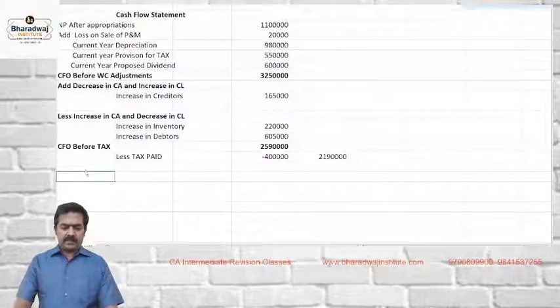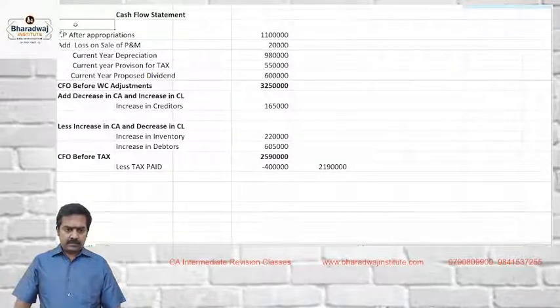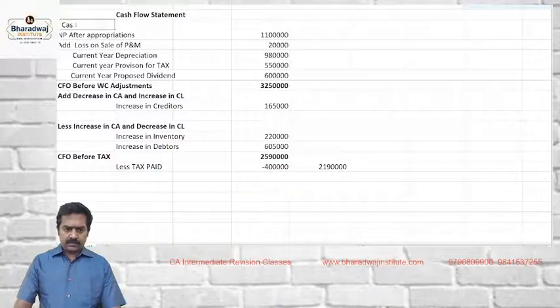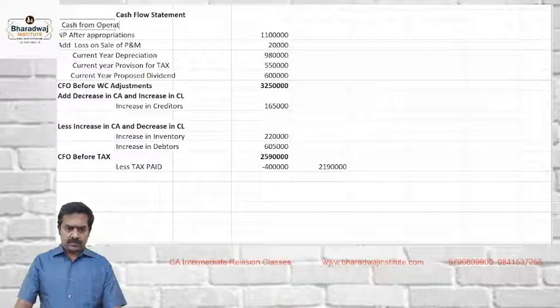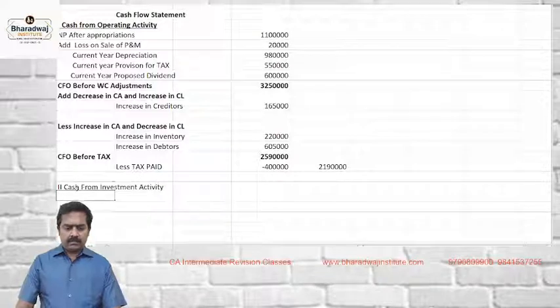Next, which activity? Cash from investing activity.